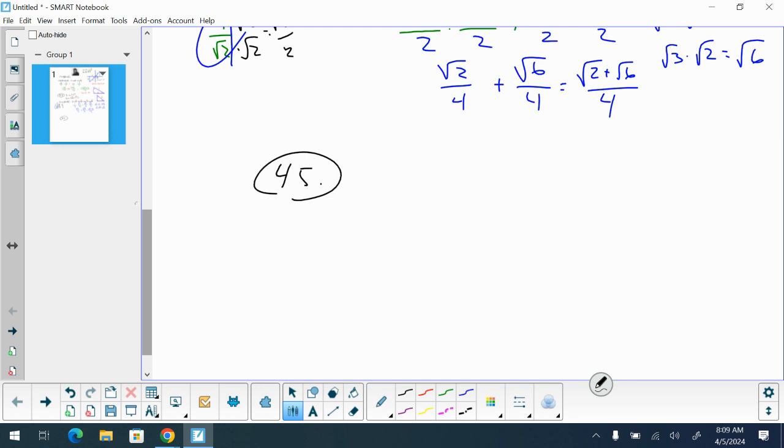We have the cosine of theta times 180 divided by 5, which is 36, minus sine theta times sine 36, is equal to the square root of 3 over 2.